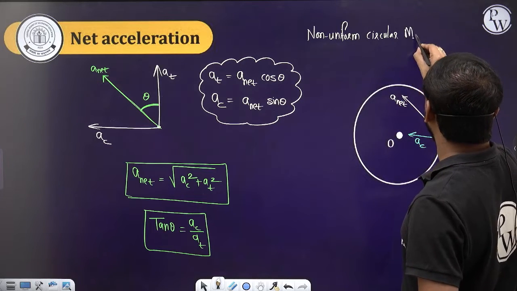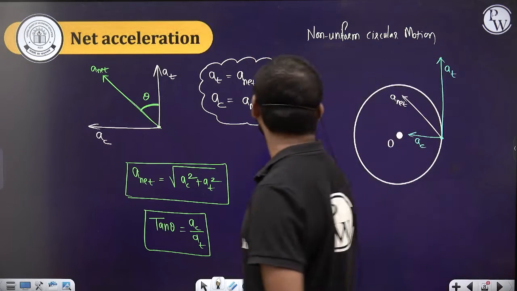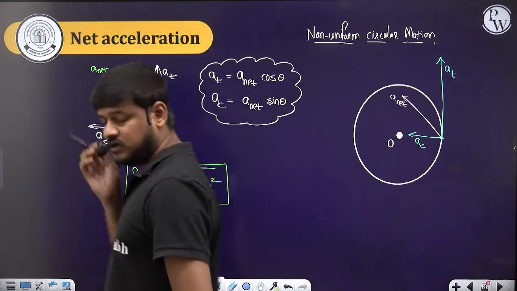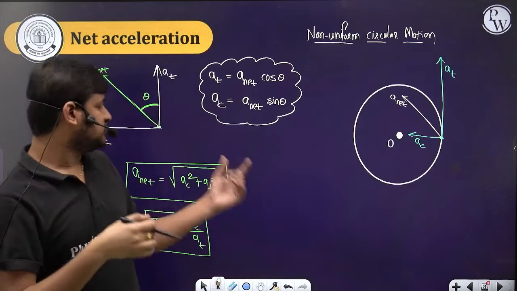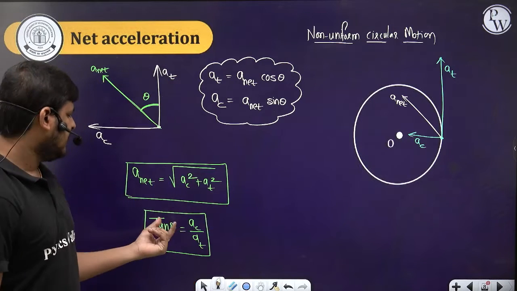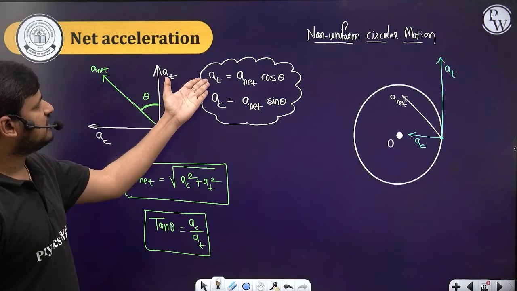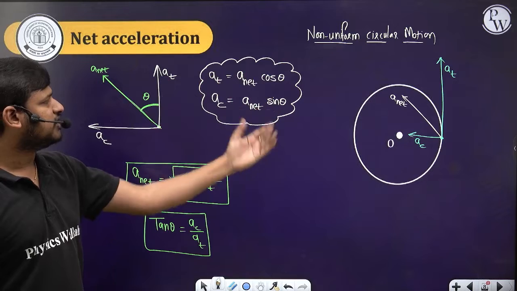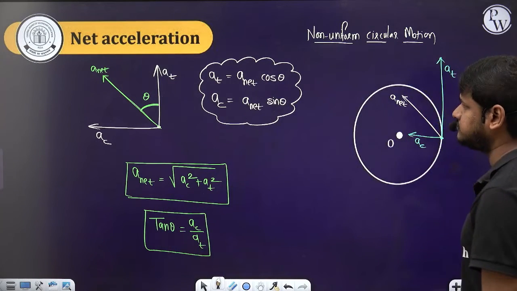So in non-uniform circular motion, both accelerations will exist, one is the tangential, the other one is the centripetal. Now what is the net acceleration of these two? A net is equal to the square root of AC square plus AT square, and tan theta is equal to AC by AT. Tangential acceleration you can write as A net cos theta, centripetal acceleration you can write as A net sin theta. Done guys? Clear this part?